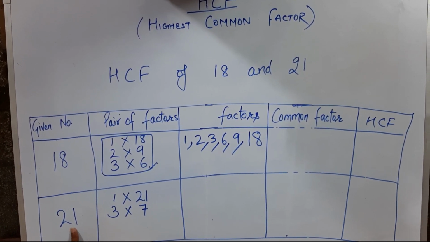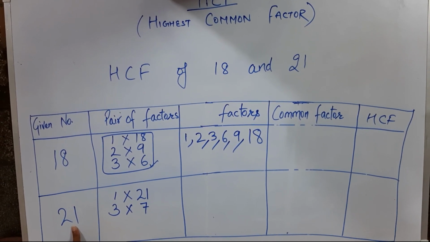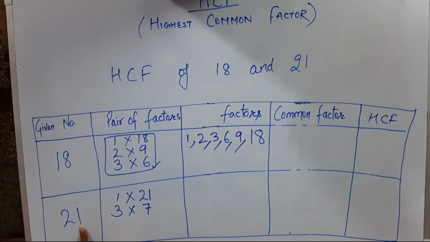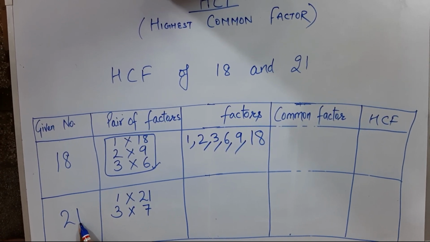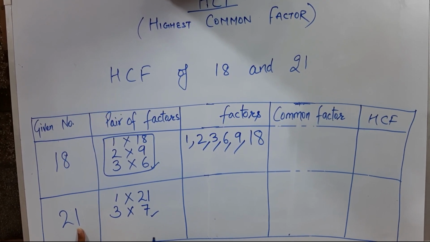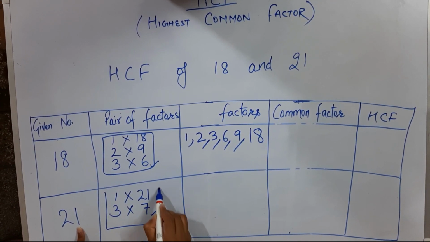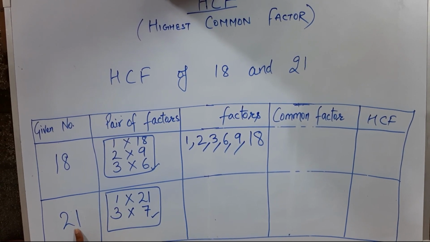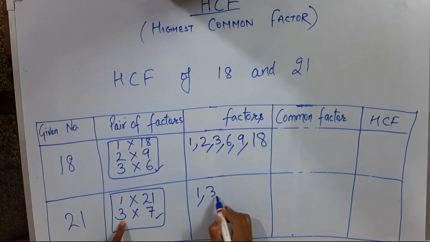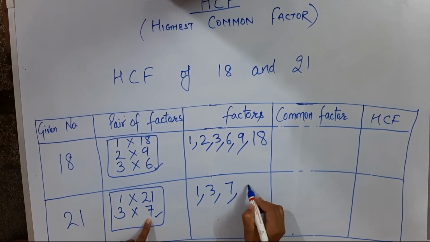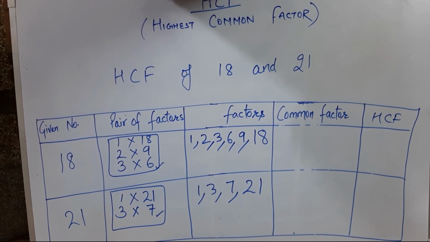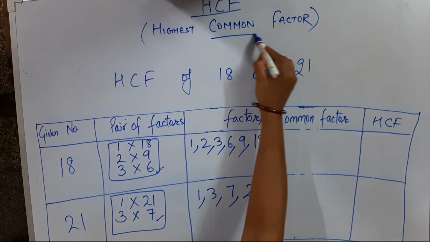Then it doesn't come in the table of 4, 5, 6, and after that in 7's table it comes, 7 3 ja 21, but 7 I have already written, so I will not repeat it again. So these are the factors of 21. I will write them in ascending order: 1, 3, 7 and 21.